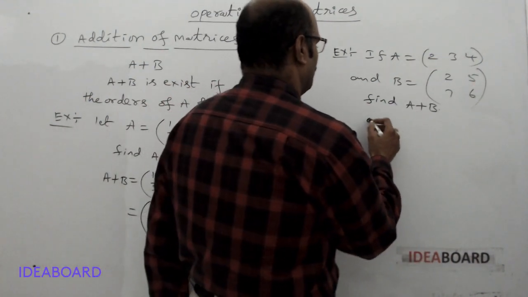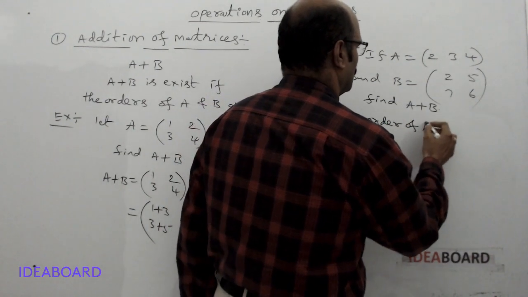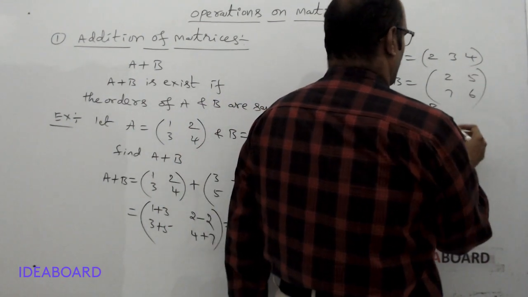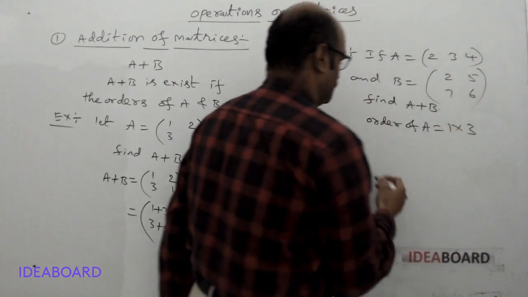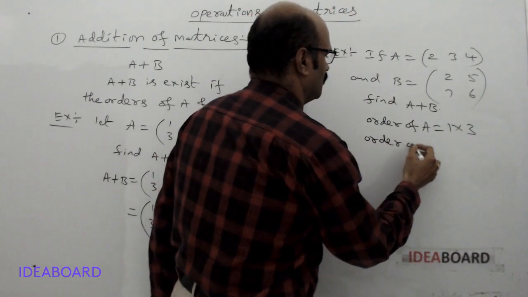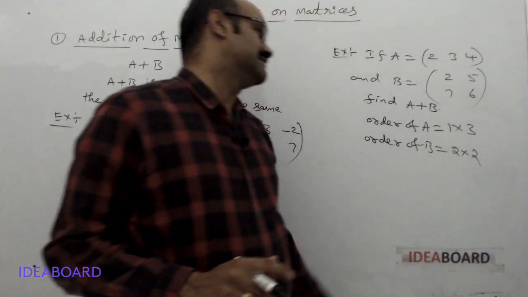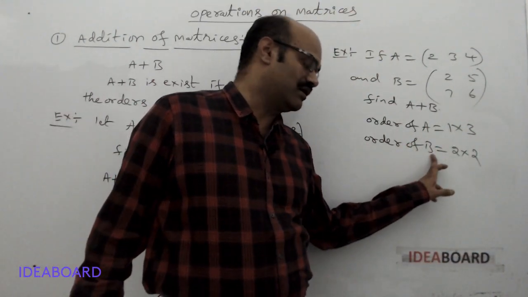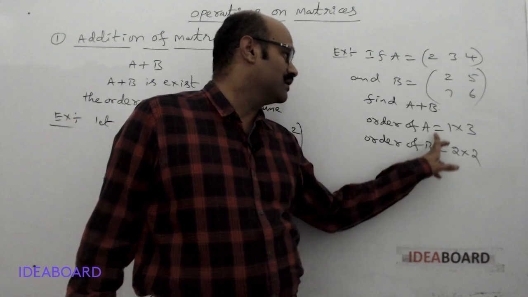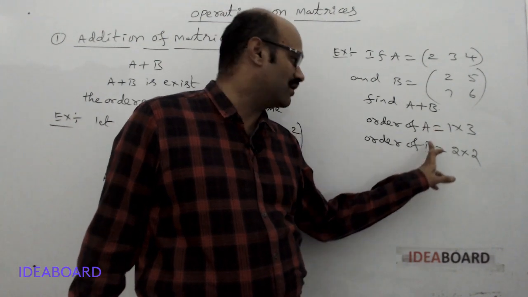So here order of A equal to 1 by 3. Order of B equal to 2 by 2. Since the orders of A and B are not same, therefore the matrix addition is not possible.